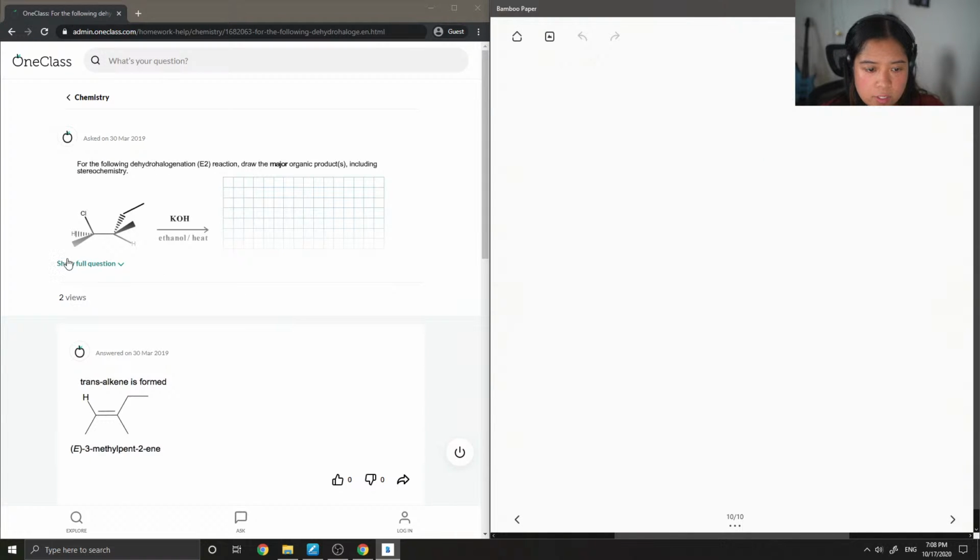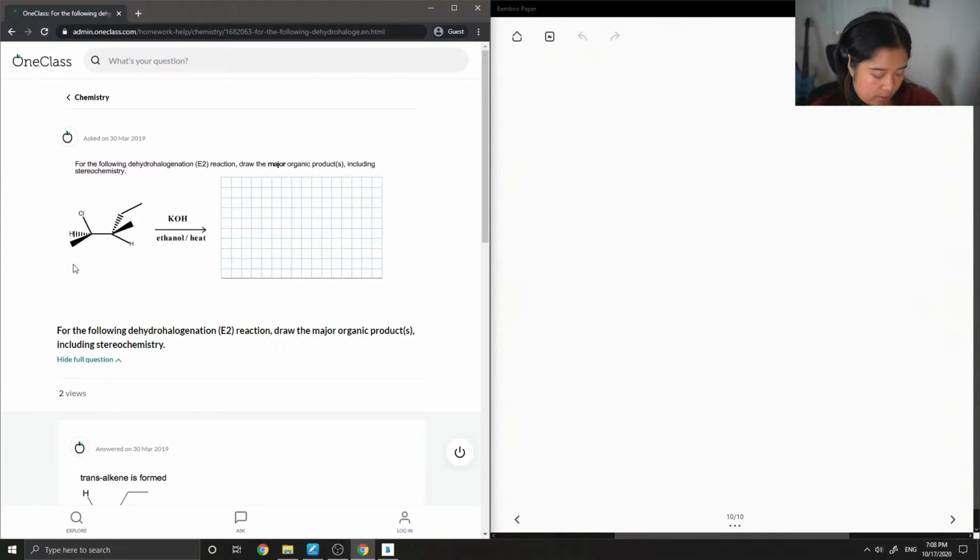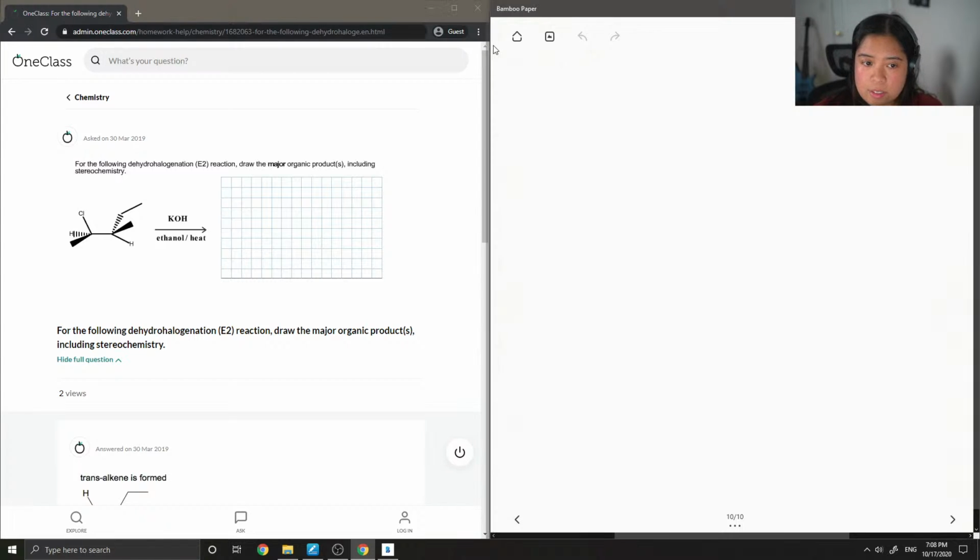Okay, so I think we have time for one more question. Question number 10. For the following dehydrohalogenation E2 reaction, draw the major organic products including stereochemistry. Let's write down what's given here.